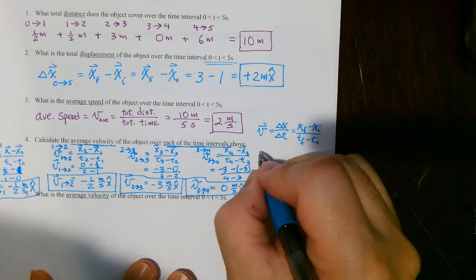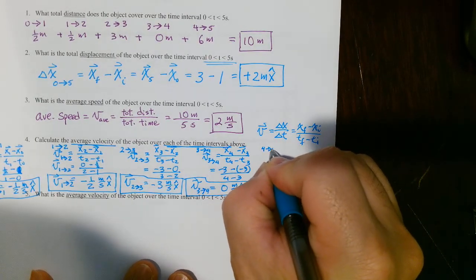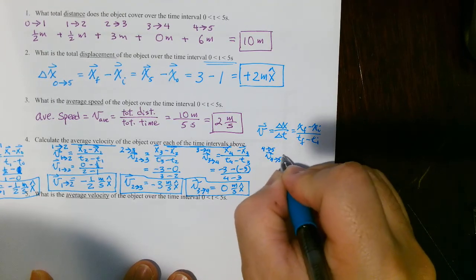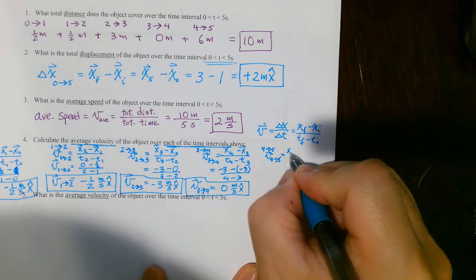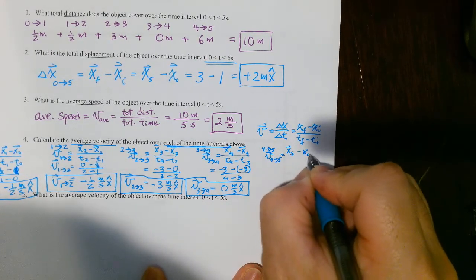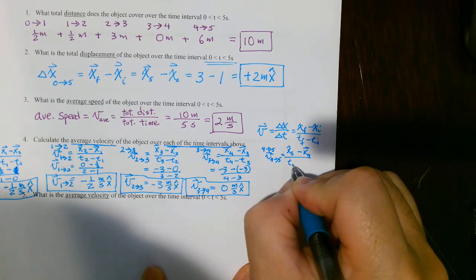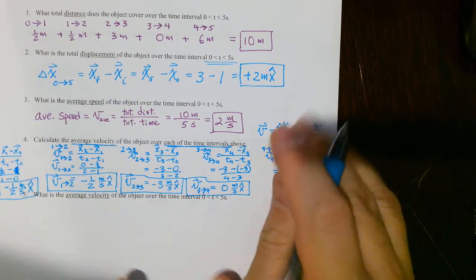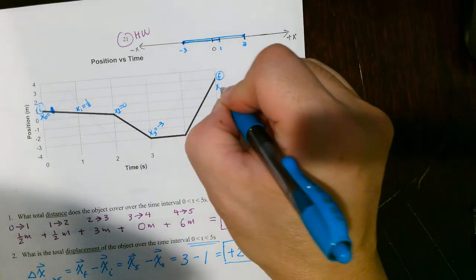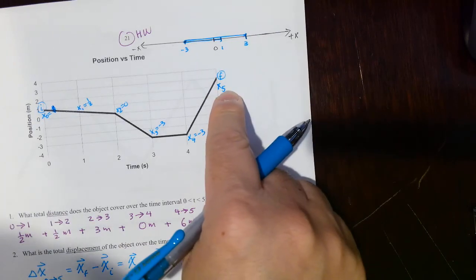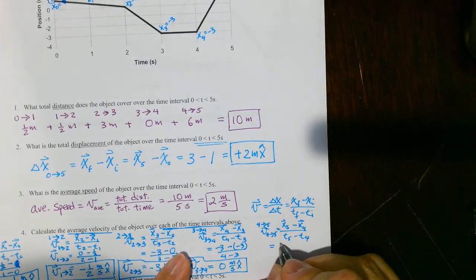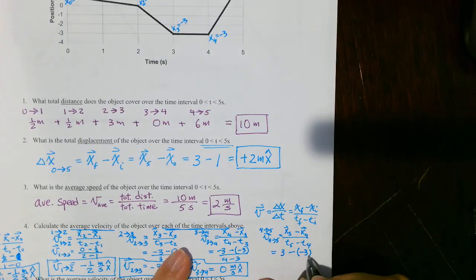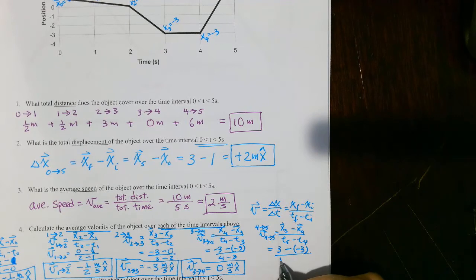And then from 4 to 5 seconds, my V of 4 to 5 is equal to x5 minus x4 over t5 minus t4. Therefore, x5, which is positive 3, minus negative 3, over 5 minus 4.